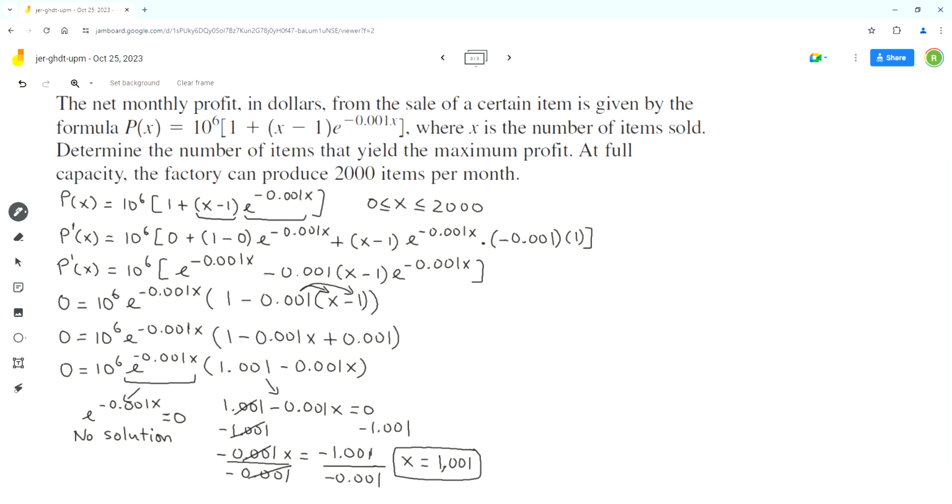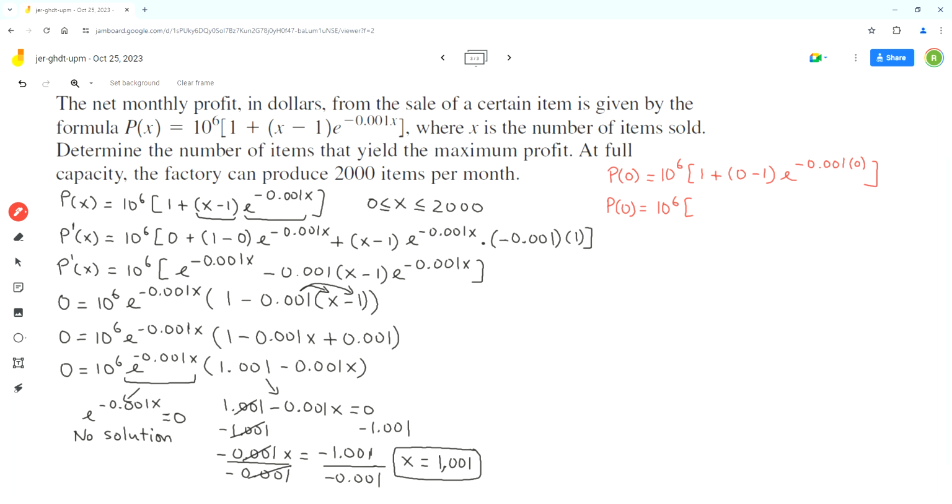So let's start with the lowest value, 0. So we'll sub in x as 0 in the given function. Now we can simplify this expression.